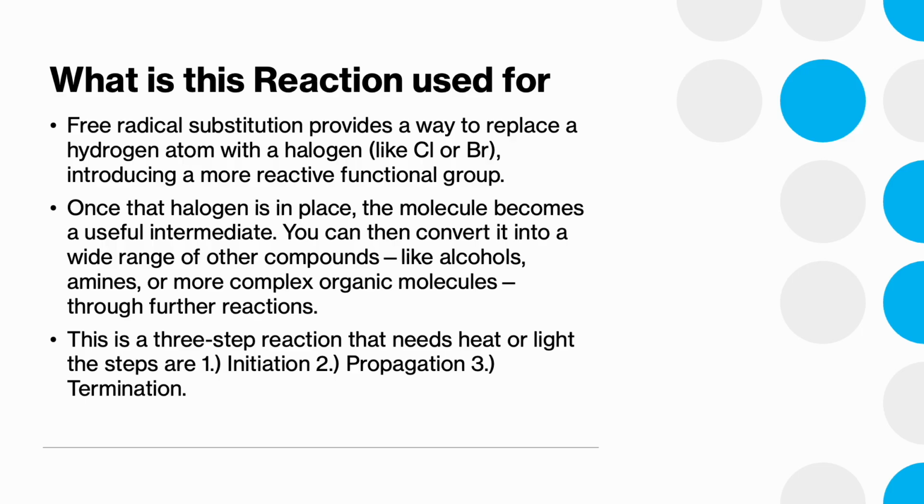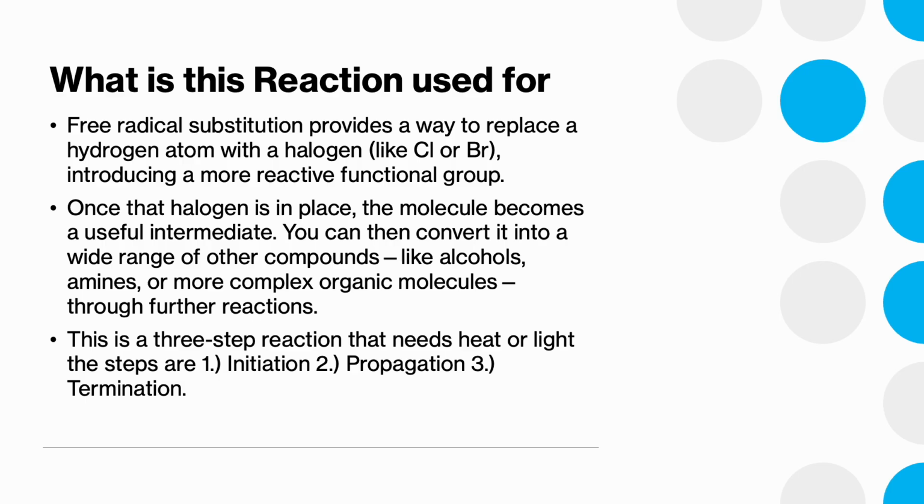The reaction of free radical substitution is a three-step reaction that usually needs heat or light. The first step is initiation. In initiation, basically, you're going to form your radical. Say we have Cl2 in there. In the Cl2, each chlorine is going to split, and it's going to make a radical, which is going to initiate the reaction.